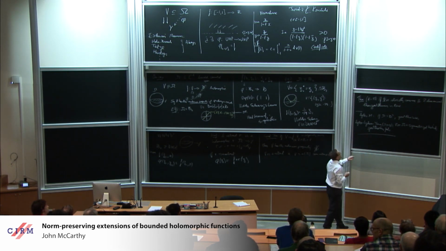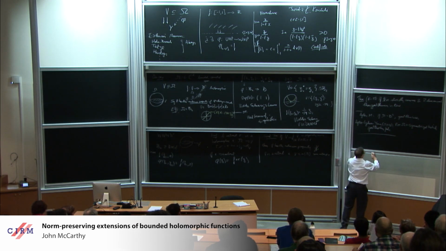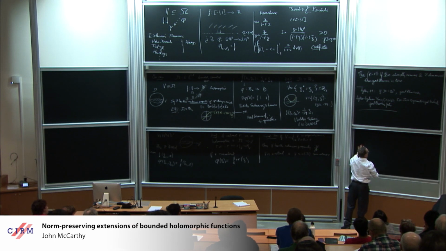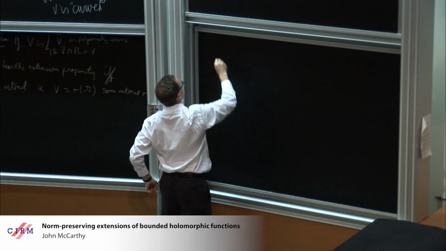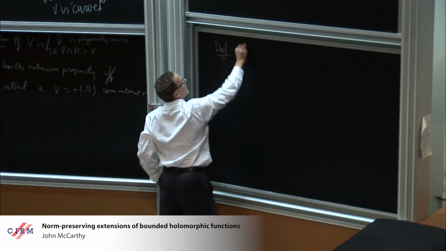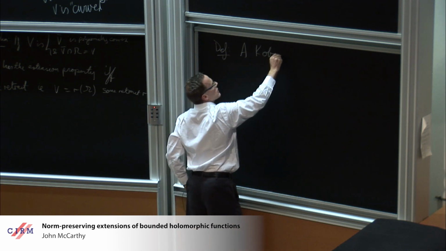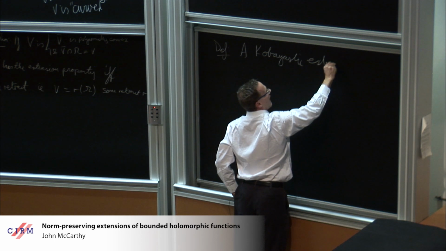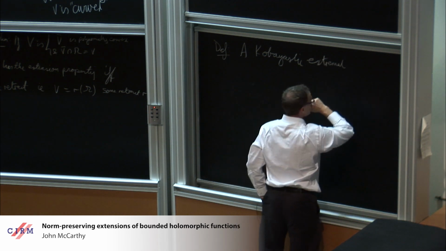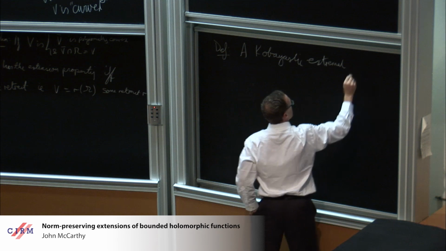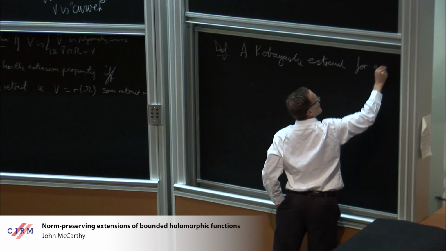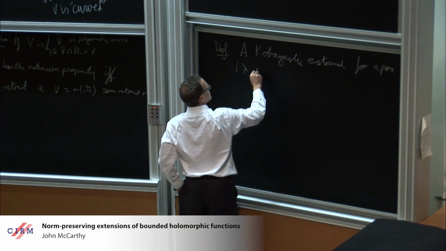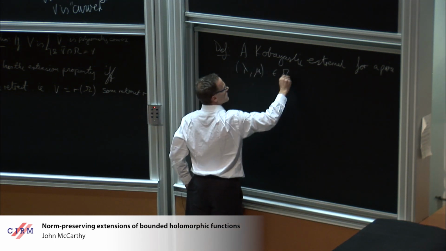So first we need a little bit of complex geometry. A Kobayashi extremal for a pair lambda, mu in omega.